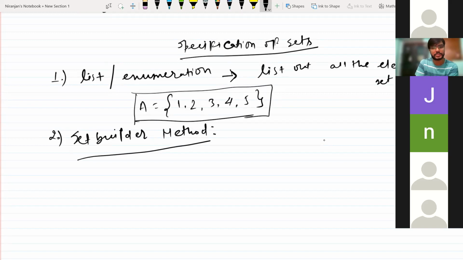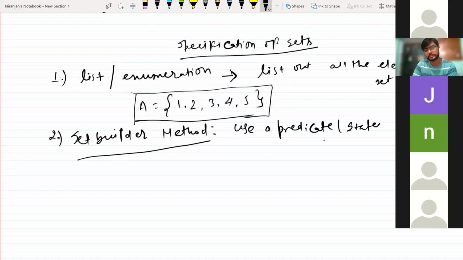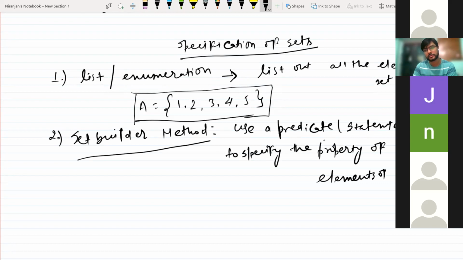Now, let's talk about the set builder method. In the set builder method, we use a predicate. A predicate is basically a statement to specify the property of the elements of a set.